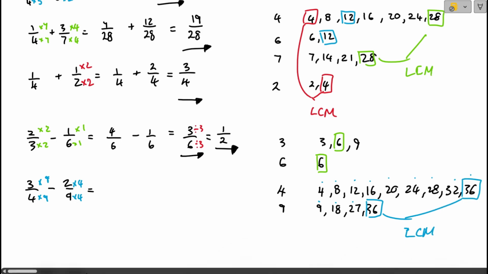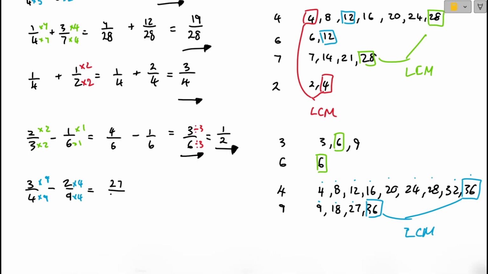So if I'm going to just rewrite this, so 3 times 9 will give us 27 over 36 minus 2 times 4 will give us 8 over 36. Denominators remain the same. 27 minus 8, that will give us 19. Okay, cool.